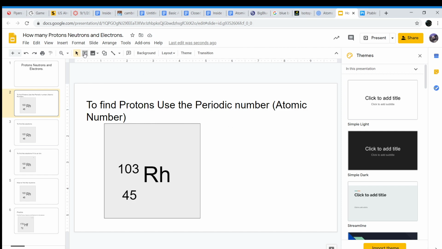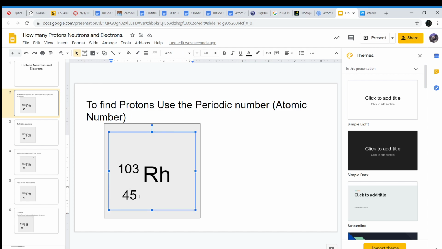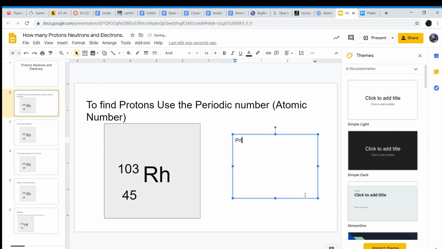If we were going to figure out how many protons this compound has, all we would have to do is use the periodic number. In this case, the periodic number is 45. So we could safely say that this particular compound has 45 protons. That's as simple as it can be.